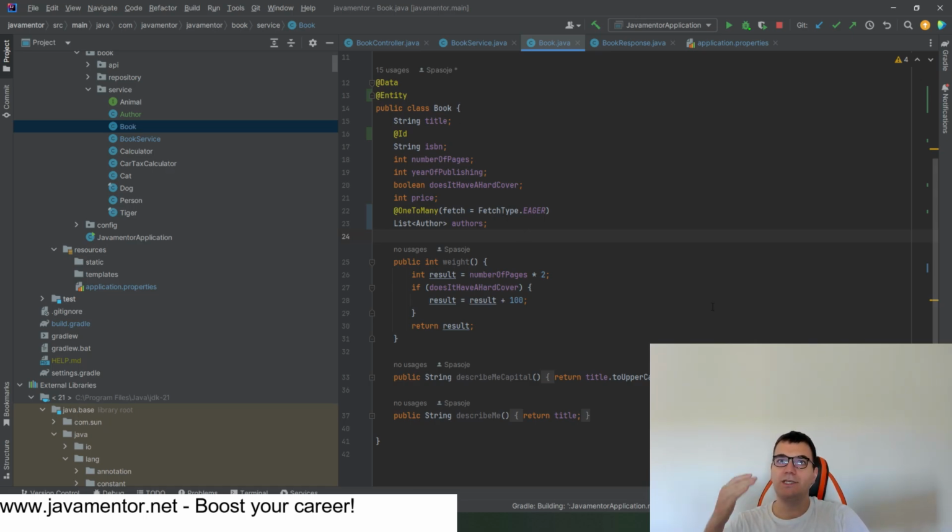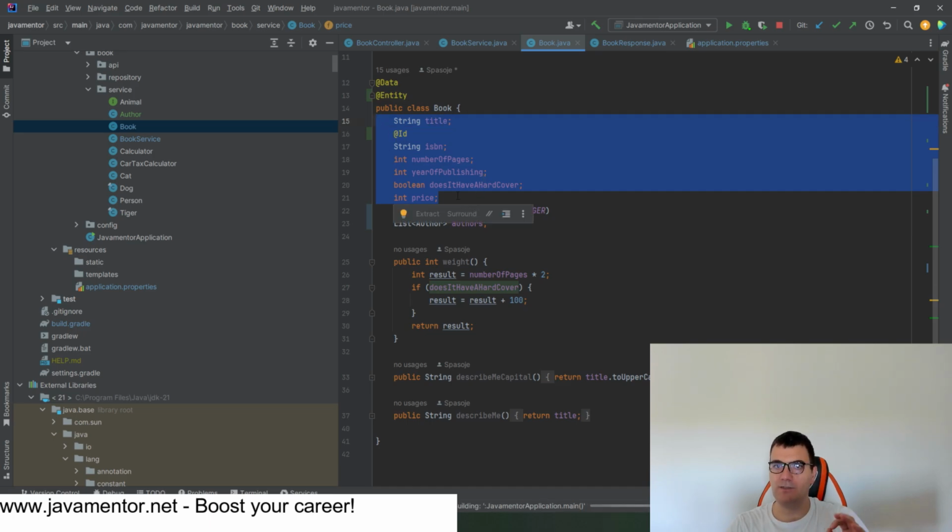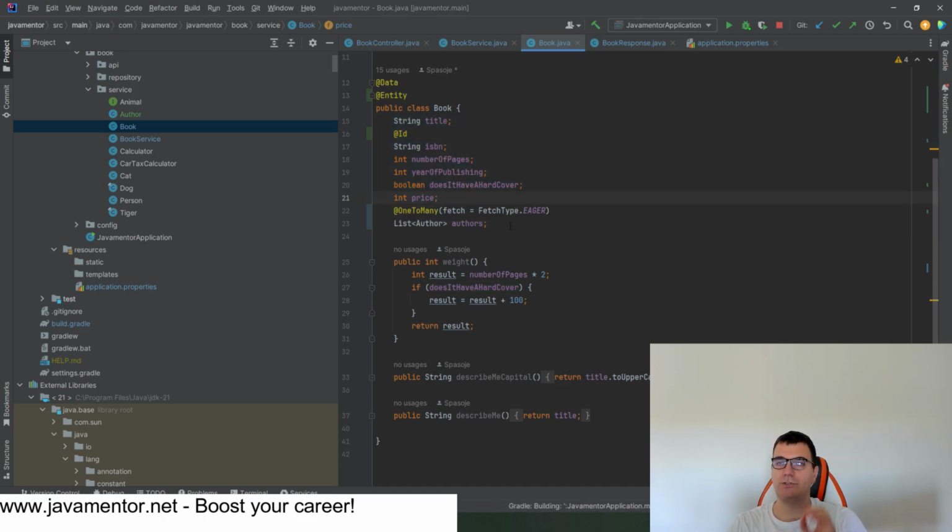What is your use case for the book? Do you usually need the data only for the book, or do you usually need data both for the book and authors? If you usually need the data only about the book and not about the authors, you should use the lazy strategy.